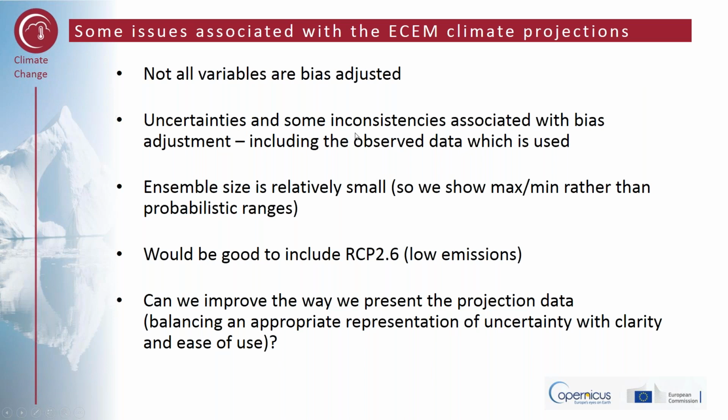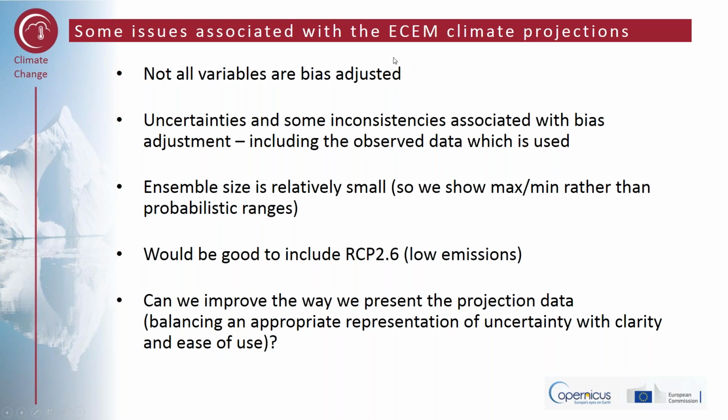So this issue associated with what observed data you use to bias adjust both historical data and projections is, I would say, still a major uncertainty where more work is needed. So there are clearly data issues here.